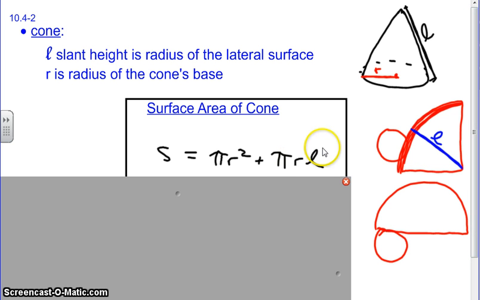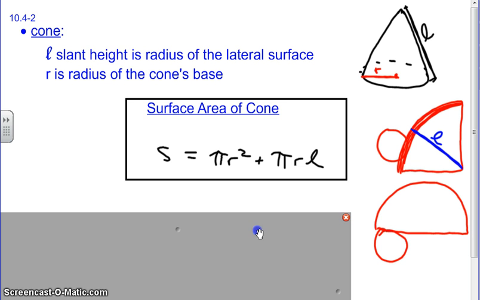Doesn't that almost look like pi r squared? I mean, if L was r, we would have r squared here again. But L is a different value than the radius of the base.